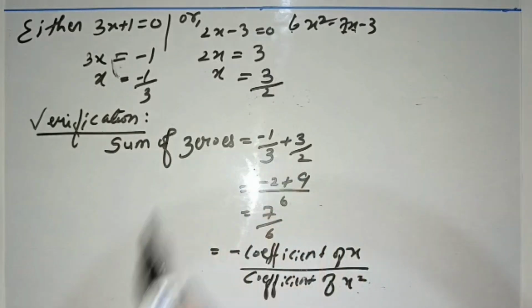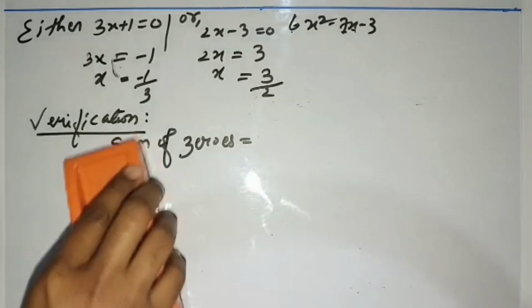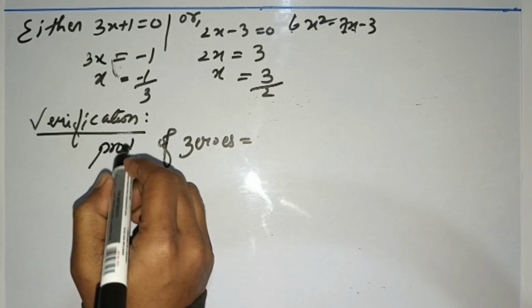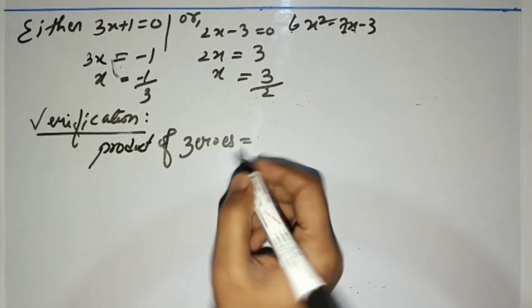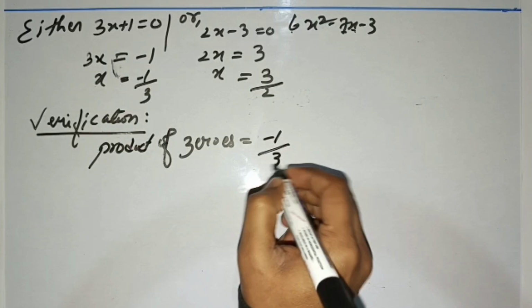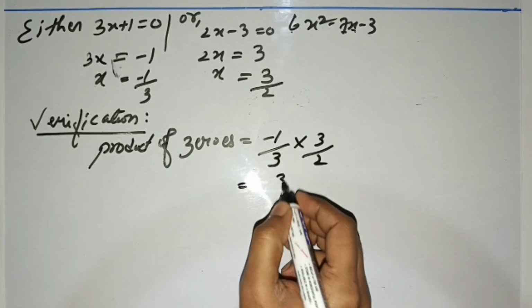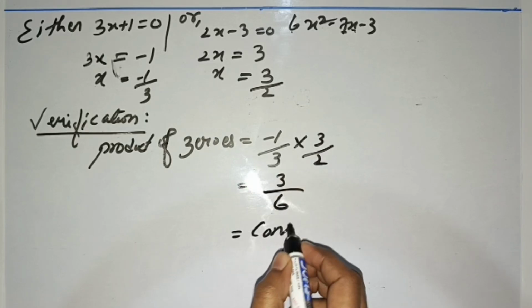Now we will do it for product of zeros. For product of zeros, these two are the zeros. Product means we have to multiply. So minus 1 by 3 into 3 by 2. Minus 1 into 3 is minus 3, and 3 into 2 is 6. Now we will write the formula.